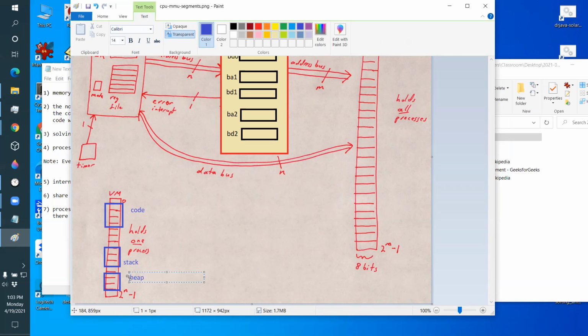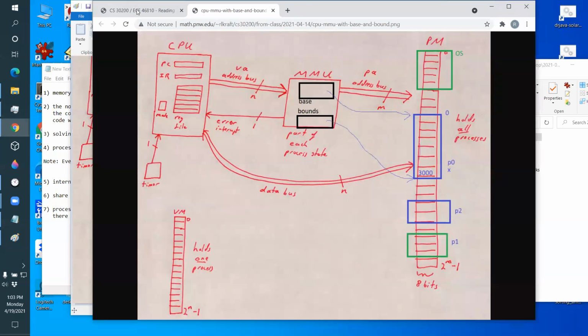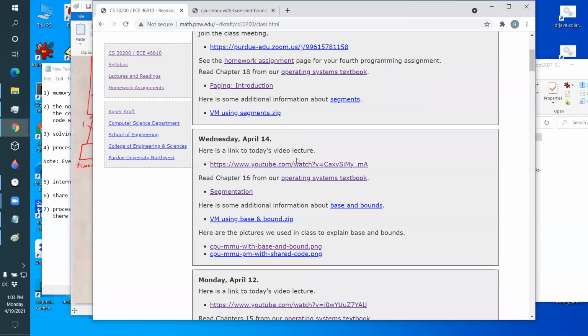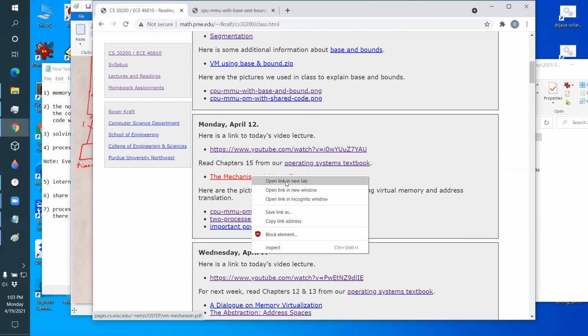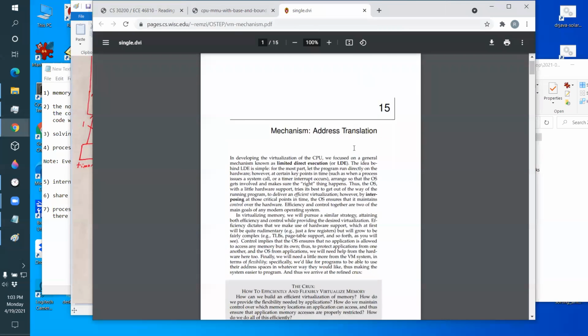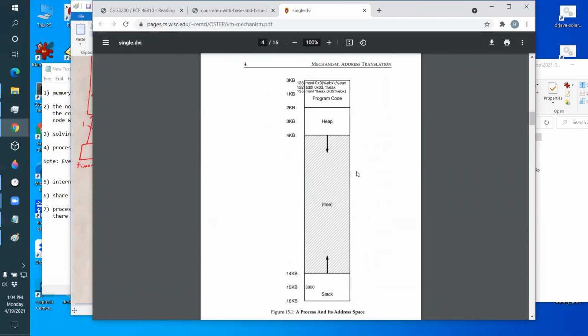Now, in the textbook, that would be this picture that we saw before. The picture shows up in the book over and over again. Every process has code, heap, and stack.